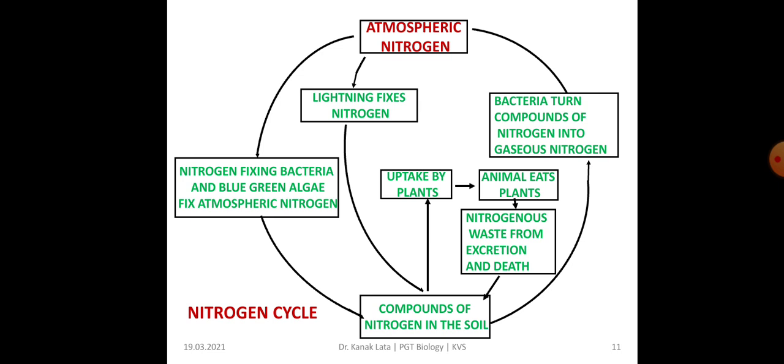The compounds of nitrogen in the soil are taken by the plant, and the plant is further eaten by animals, and animals again excrete, or whenever they die, the nitrogen compounds go back into the soil. And sometimes atmospheric nitrogen is fixed by bacteria and blue-green algae into the soluble form of nitrogen.